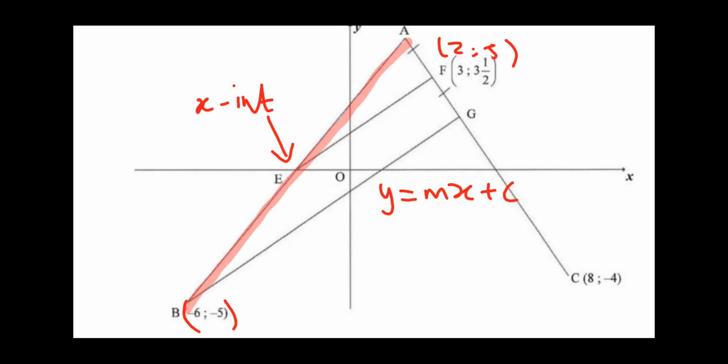Okay, so we first do the gradient. 5 minus -5 over 2 minus -6. What's this equal to? This is the gradient for line AB.